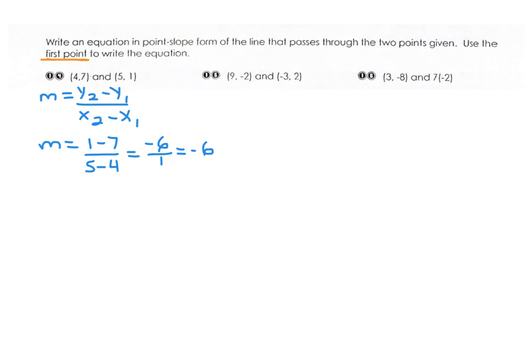And then we're going to use that first ordered pair. So we have 4, 7 and a slope of negative 6.